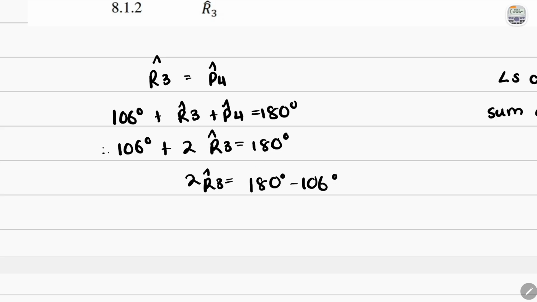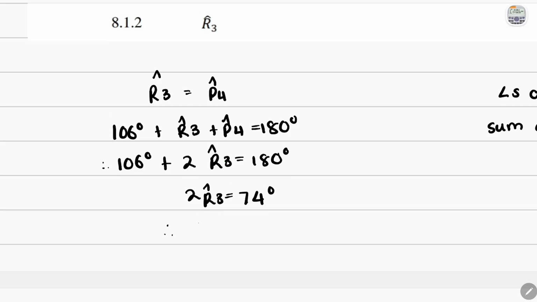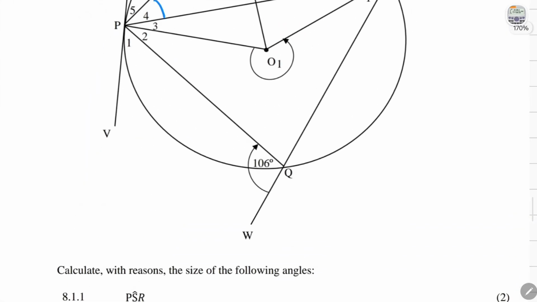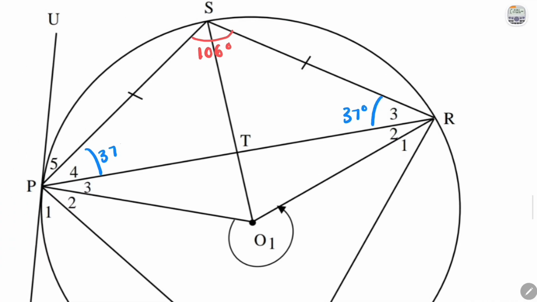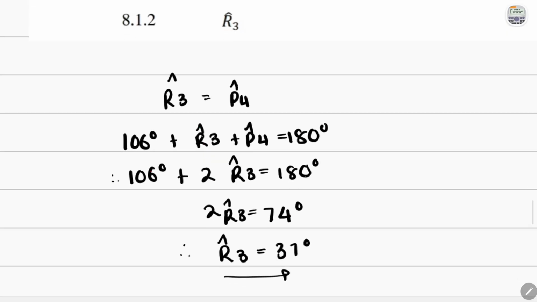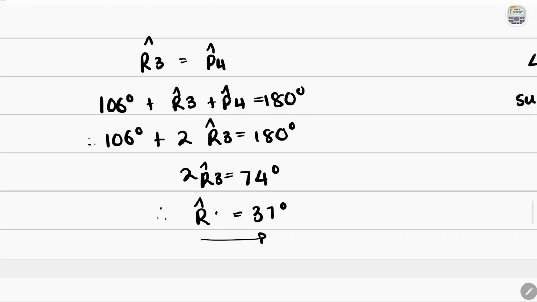Okay, so that is 180 minus 106, which is 74 degrees. And then divide both sides by 2. And therefore, angle R3 is equal to 37 degrees. And that is our answer. We can also make sure that we put this down in the diagram. This is 37 degrees, and this is also 37 degrees since they are equal. Okay, and that is our answer.